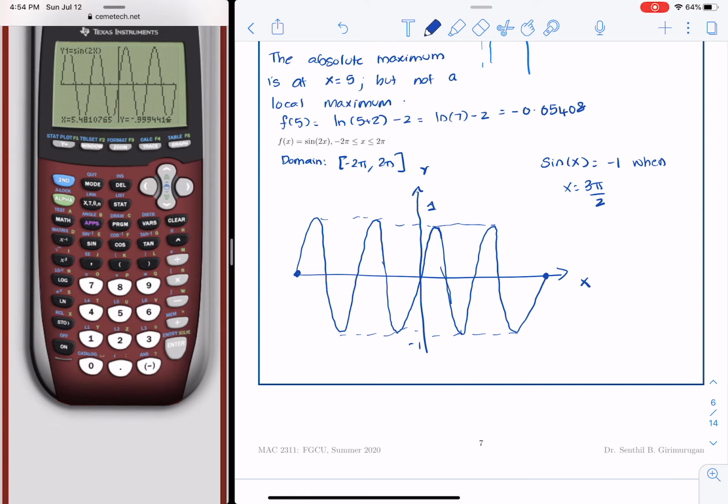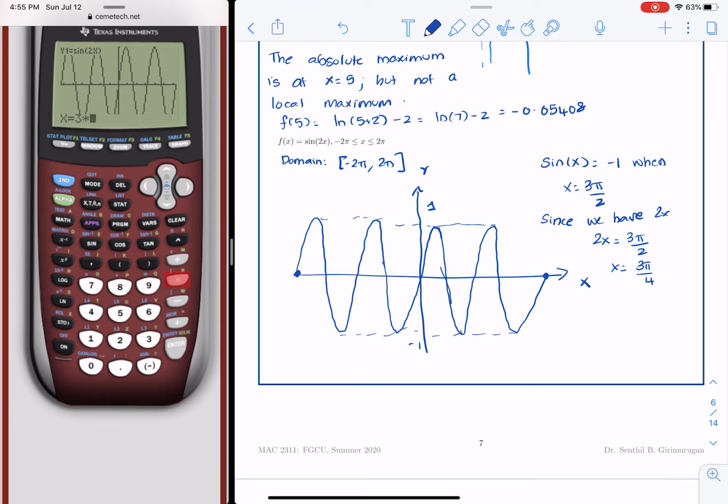So at multiples of pi over 2, we are going to have a positive 1 or negative 1. But since we have 2x, we would end up having 2x is equal to 3 pi over 2, and x is equal to 3 pi over 4.